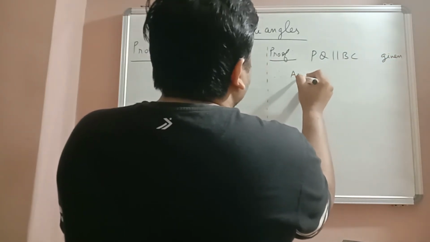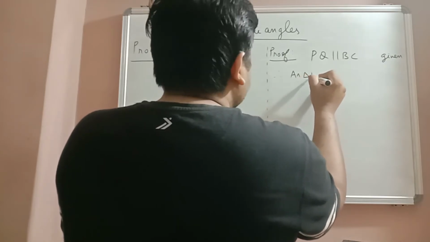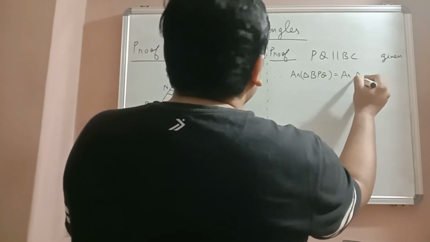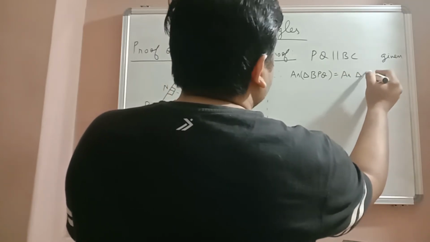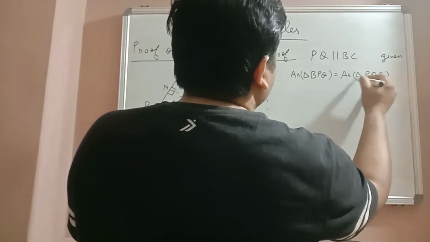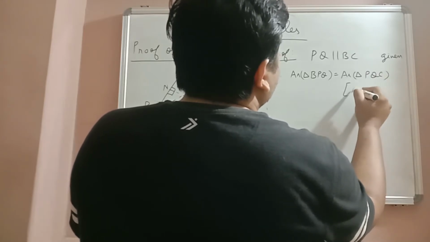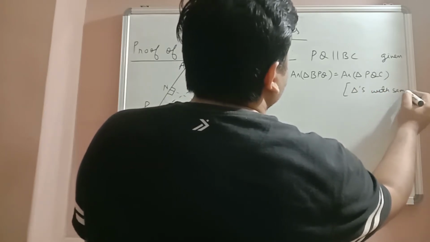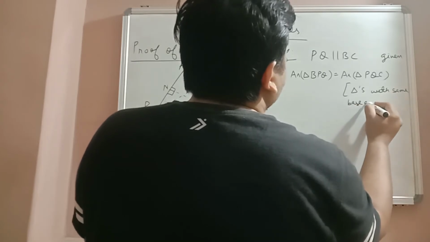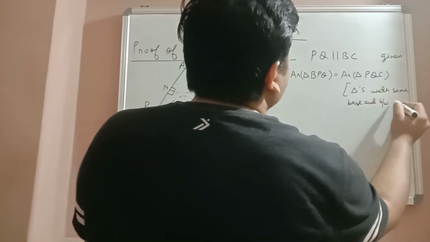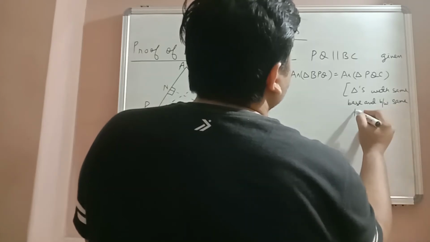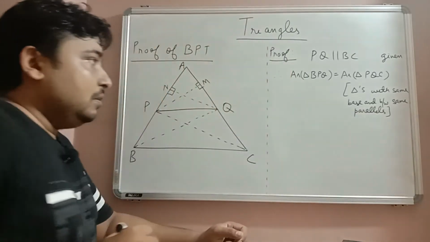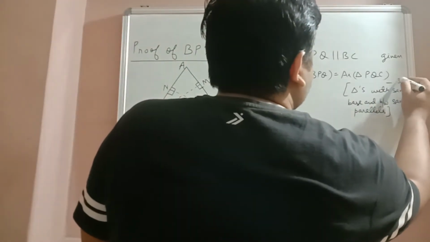Therefore, area of triangle BPQ is equal to area of triangle PQC. And the reason is triangles with the same base and between the same parallels. Let us call this equation number 3.